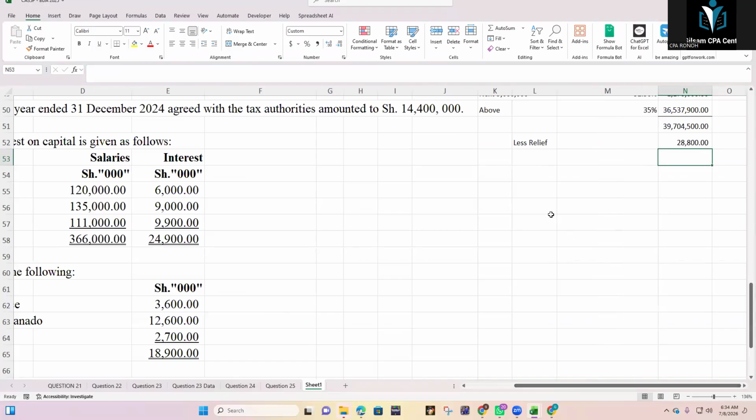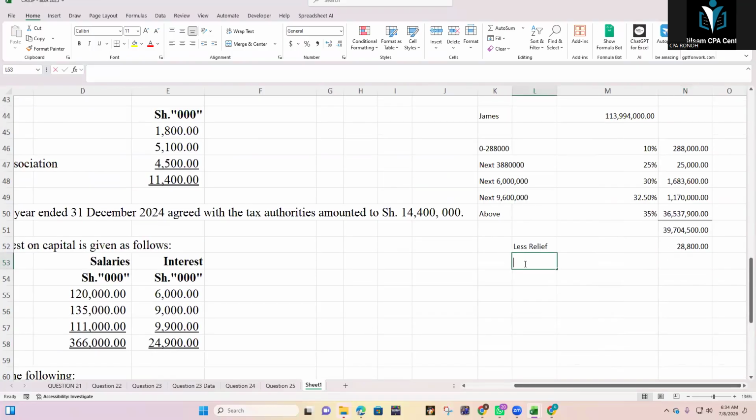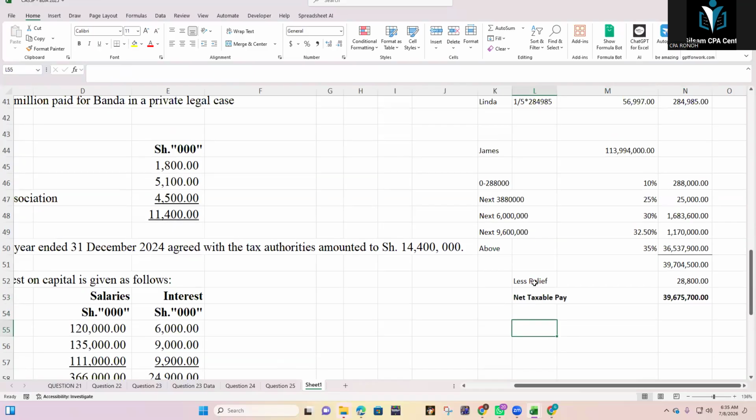So the net taxable pay is 39 minus 28. So this is the net taxable pay. Good, that is it. So tax is very easy. If you get it in exam, don't skip that question. In fact, it is even very easy compared to the one for some analysis.